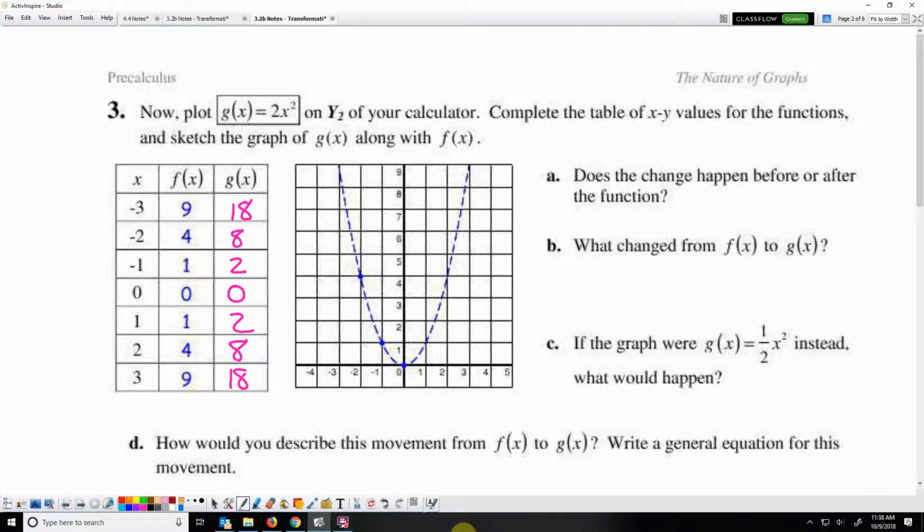Right, so we will graph the ones that we can fit. So we've got 0, 0, 1, 2, and negative 1, 2. Negative 2, 8, and 2, 8.